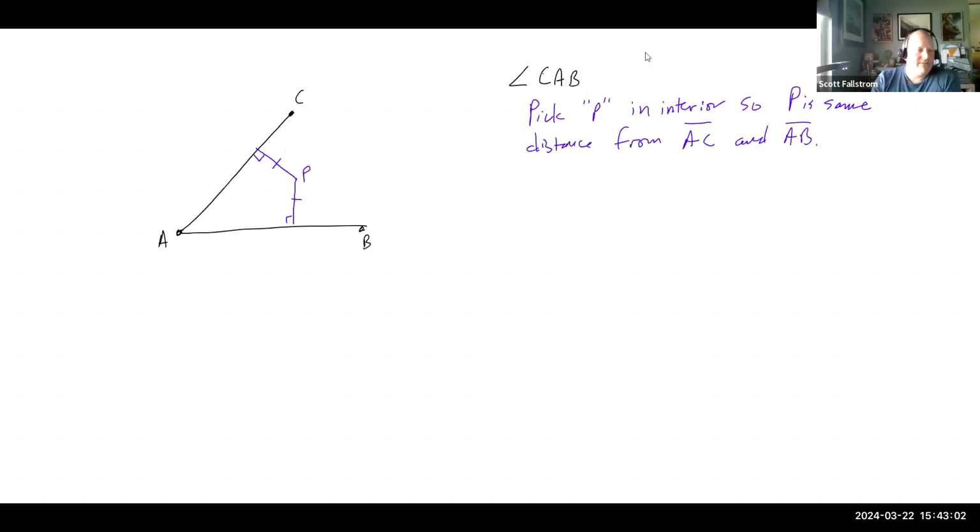Okay. And let's see here. Next up, we'll draw AP. Perfect. All right. So AP is congruent to itself.